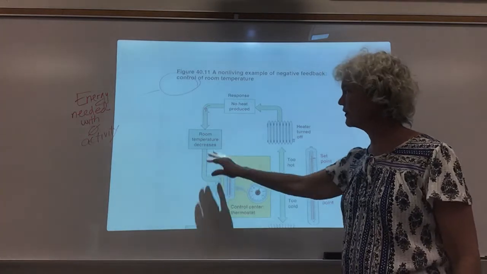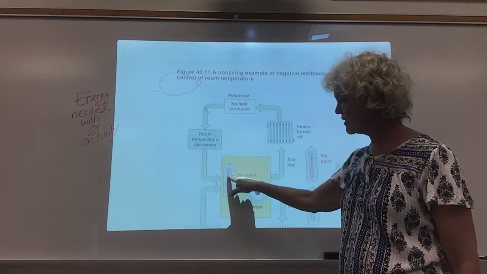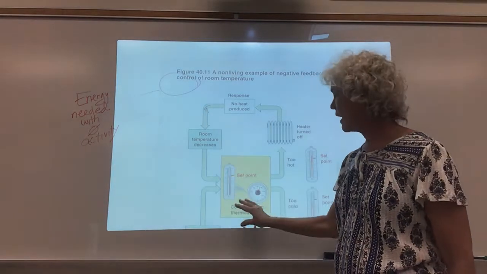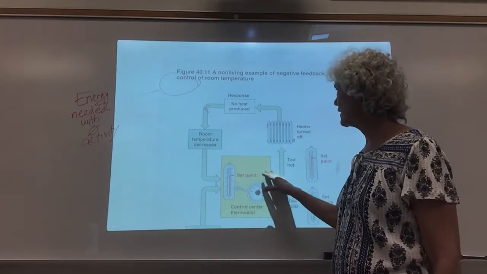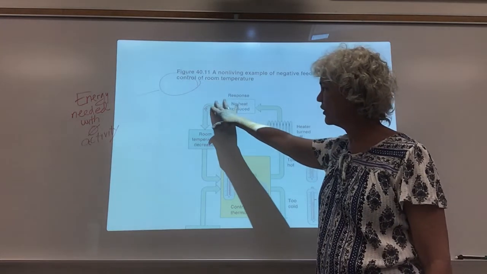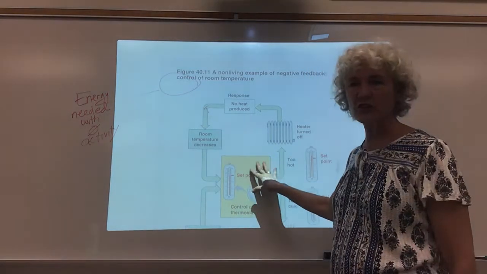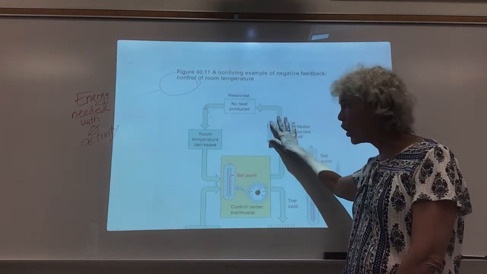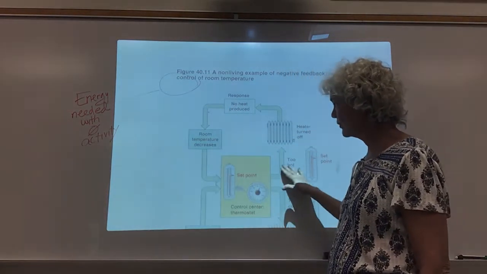Then this is my receptor, setting a reception of that room temperature going down. I have a control center that is then going to start generating some heat, and that heat will get produced until it's too hot, and then it'll turn off until the room temperature decreases, going this way. So actually I probably should have started on this side. This side, that is, the room temperature is too hot, the heater gets turned off, and then there's nothing happening, so the room temperature decreases and you go this direction.